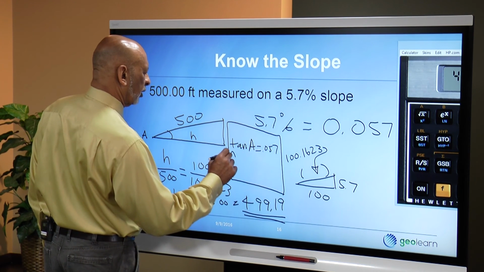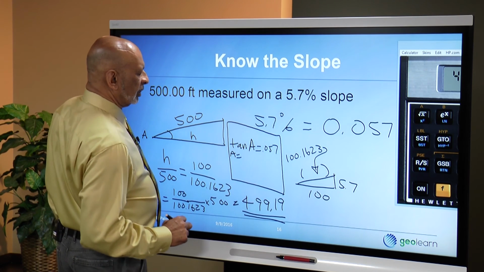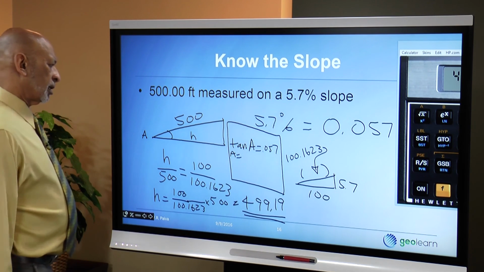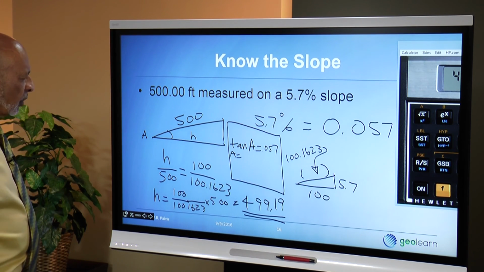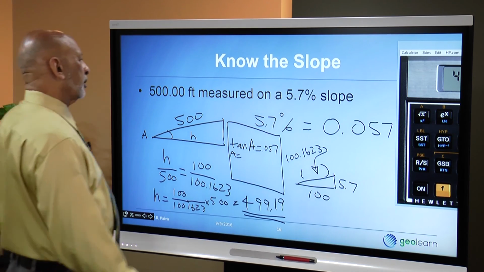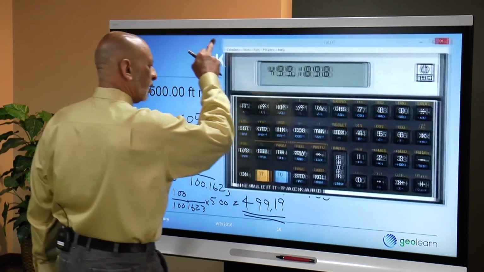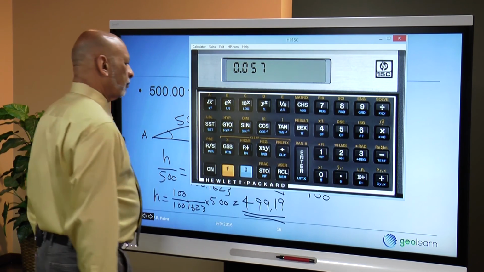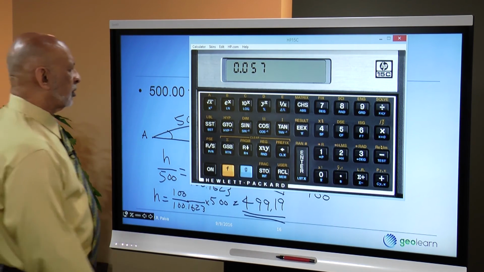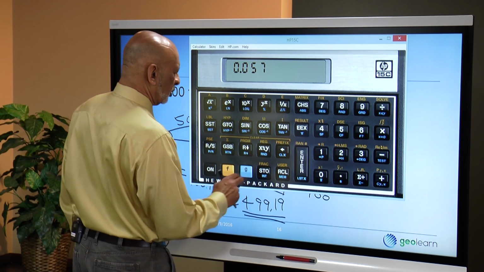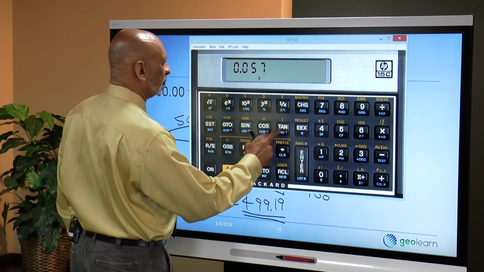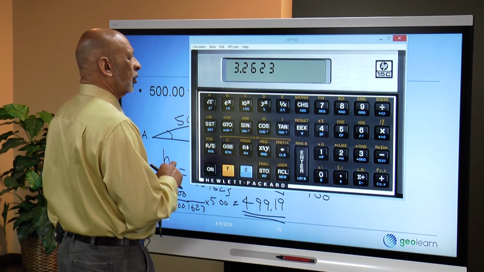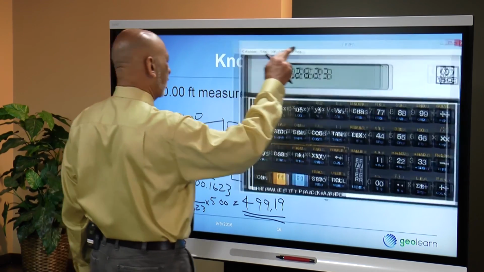So you can solve for A by taking the inverse tangent. So I take 0.057 and the inverse tangent, that's tangent to the -1, and I get a 3.2623 degree angle.